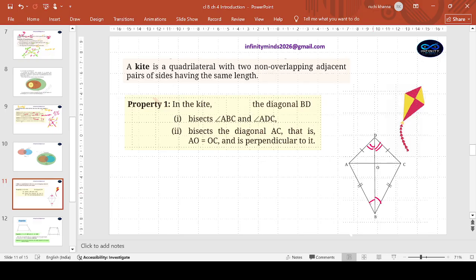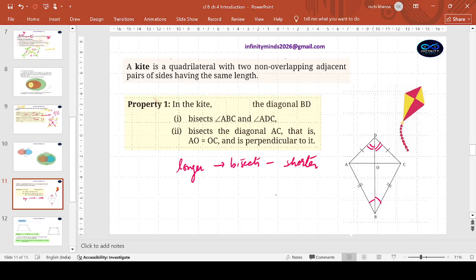Second, the diagonal BD bisects diagonal AC. The longer diagonal bisects the shorter one. Remember, children, in a kite, every time one diagonal would be longer and the diagonals are going to be unequal.